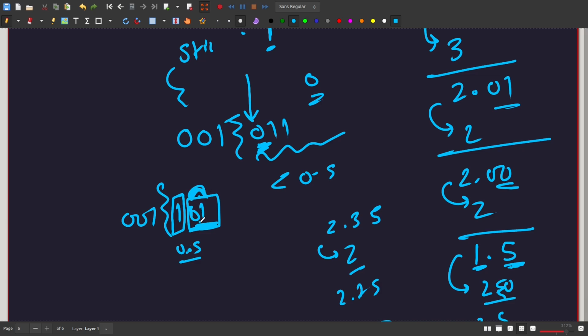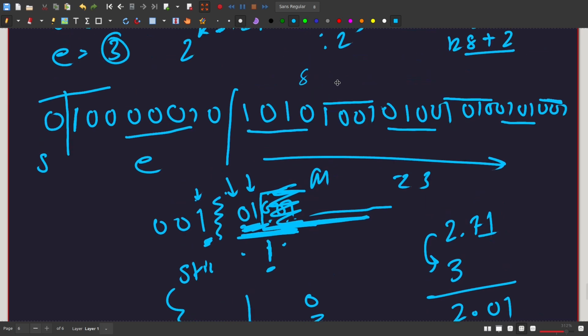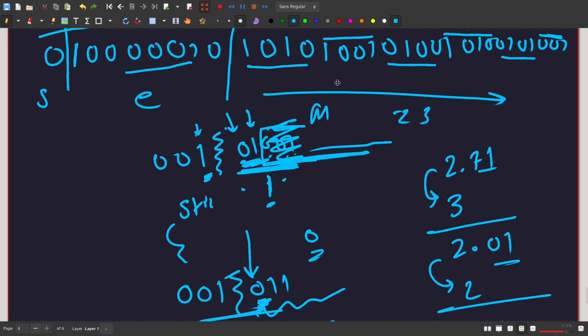You are adding some value here. 0 1 is actually not insignificant. It will add some x, which will make this value greater than 0.5, and therefore you will have to round up. Now here it seems like luckily we don't have to round up. I could be wrong, maybe I made some mistake while doing the decimal thing. It is entirely possible, because now I kind of lost my confidence after the previous one.